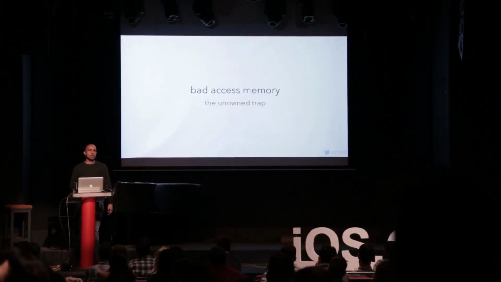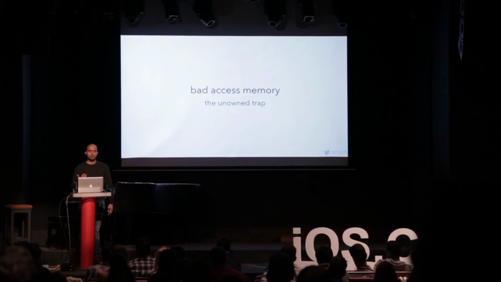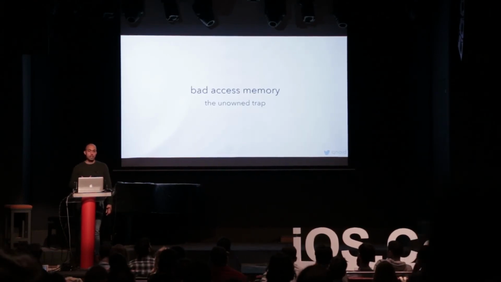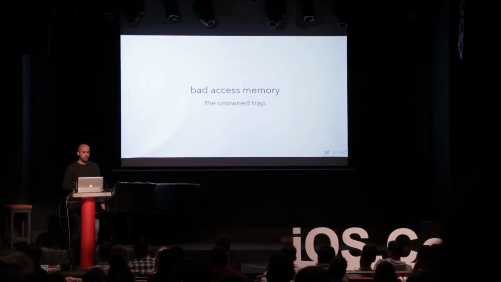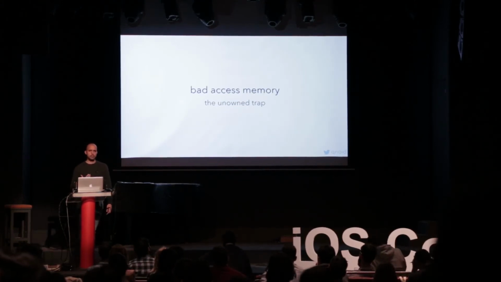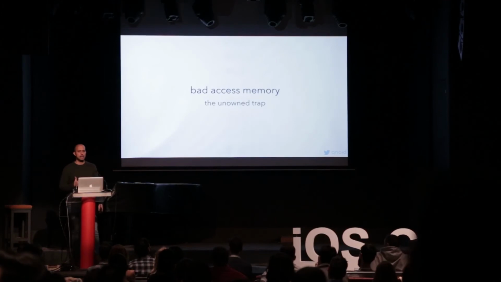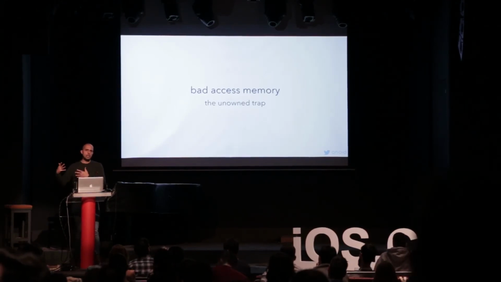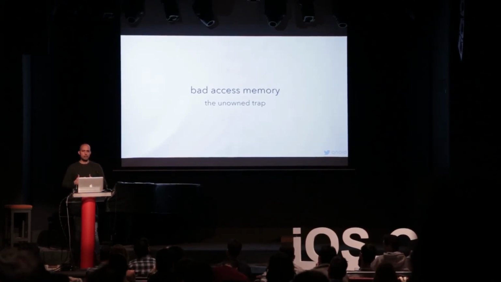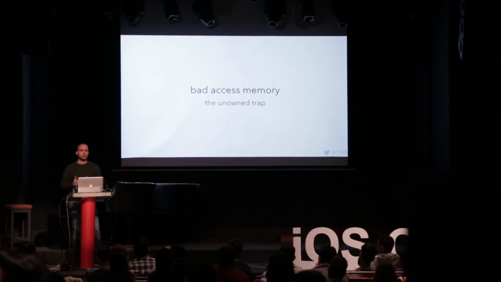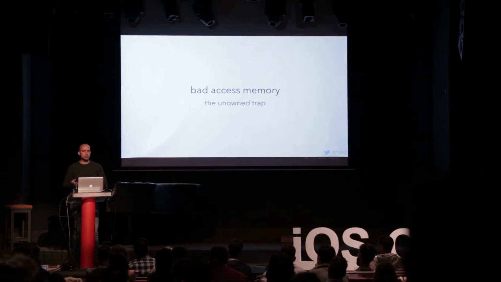One other thing, which doesn't necessarily have to do with performance, but it definitely has to do with memory. And it has to do with bad access memory. This is basically a typical case where you try to access an instance, you try to reference, and the memory has been deallocated. The reference has been deallocated and it's gone, but you still try to reference it.